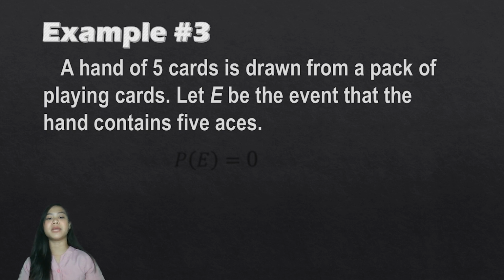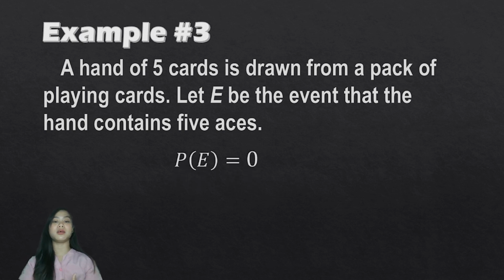So this time, the hand contains 5 cards. What is the probability that you will have 5 aces? The probability of this event is equal to 0. Why? Because there are just 4 aces, so we don't have a fifth ace, because we have only 4 suits.